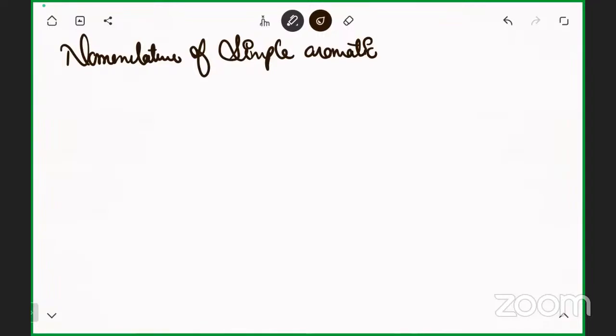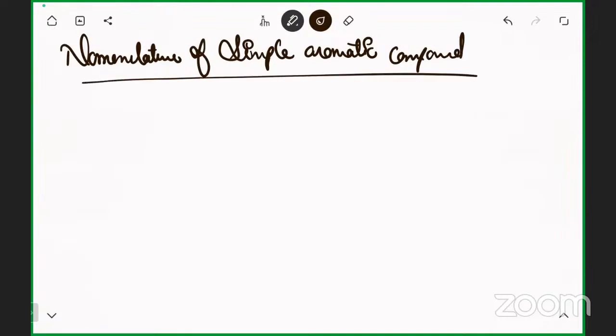Simple aromatic compounds: first we take benzene only right now. Later on I'll teach you how to find whether a compound is aromatic, non-aromatic, or anti-aromatic.